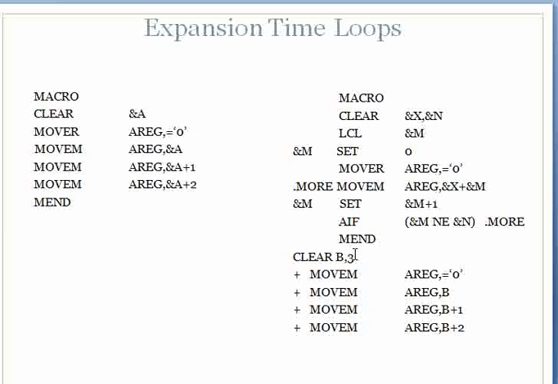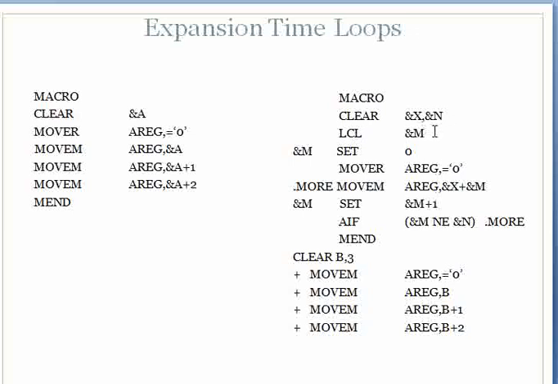If this was the requirement, then the macro could be rewritten as follows. The name of the macro is clear. It has 2 positional parameters, X and N, X representing the memory location I wish to clear, and N representing how many memory locations. To do this, I use the concept of expansion time variables, this LCL &M.